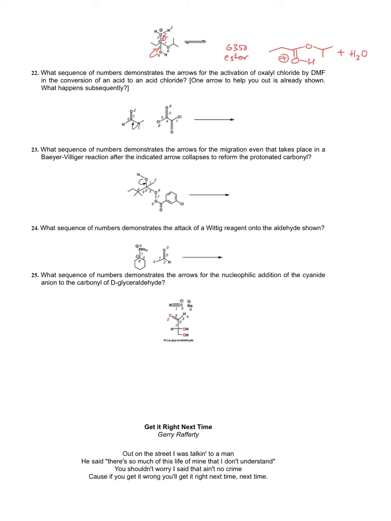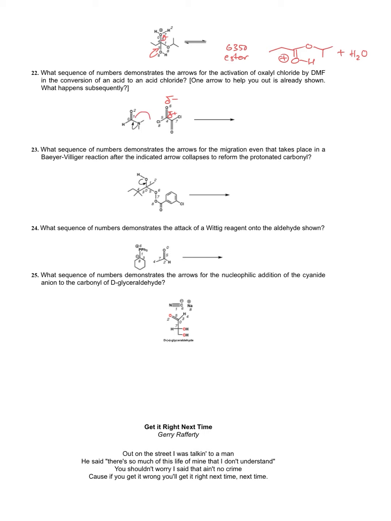22 says, what sequence of numbers demonstrates the arrows for activation of oxalyl chloride by DMF in the conversion of an acid to an acid chloride? So one arrow has been drawn to help you out. So if we're forming a nitrogen-carbon double bond, we have to break the carbon-oxygen pi bond 1. So we're going to break that, and it's going towards the electrophilic center of oxalyl chloride, which is the carbonyl.